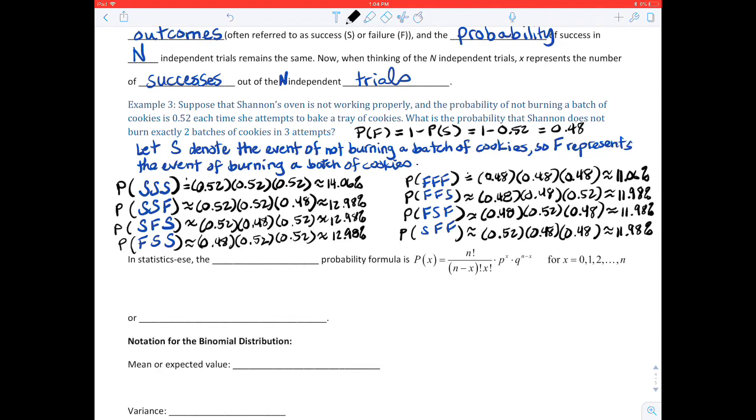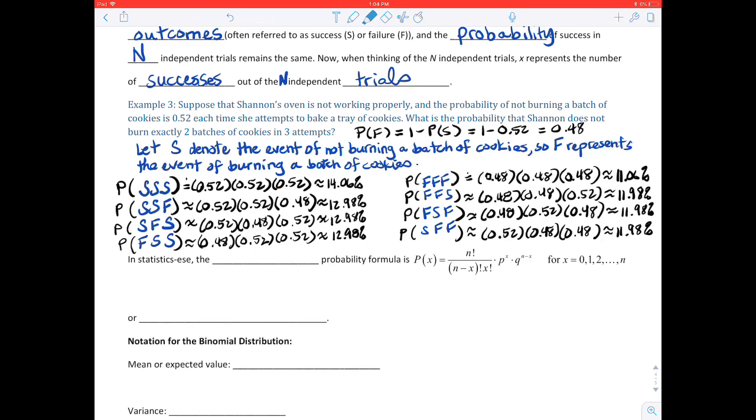Okay, so this went a little bit above and beyond our purpose. But what we are looking at here, we want to know the following situations. Do you remember? We wanted to know that she does not burn exactly 2 batches of cookies, right?